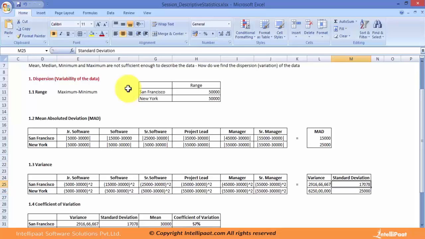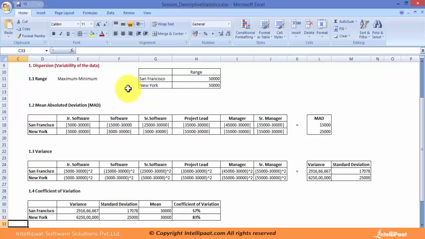It tells how much these salaries are varying from the mean, how much they deviate from the mean. So this is the third measure after range, which comes out to be the same. Mean absolute deviation is giving good information, as well as variance.